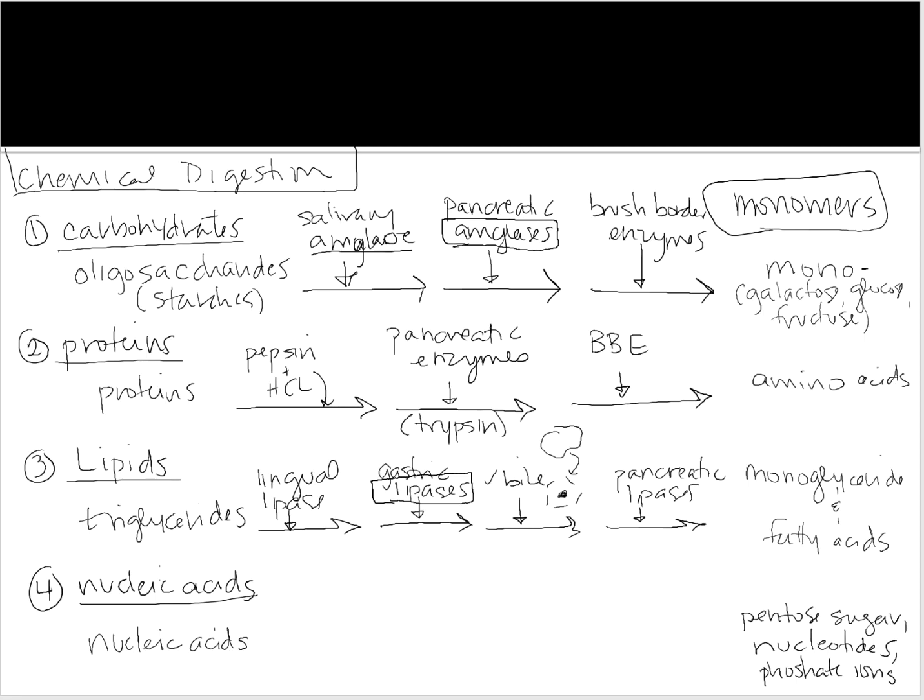If you lost your liver and your gallbladder, you probably would not be able to break down triglycerides. But even if we lose our gallbladder, we still have the liver basically emptying some bile into the small intestine.